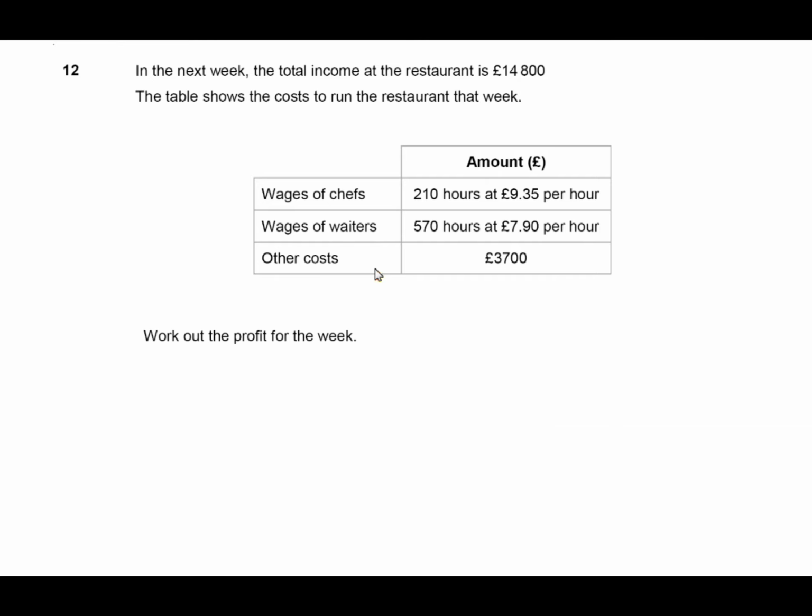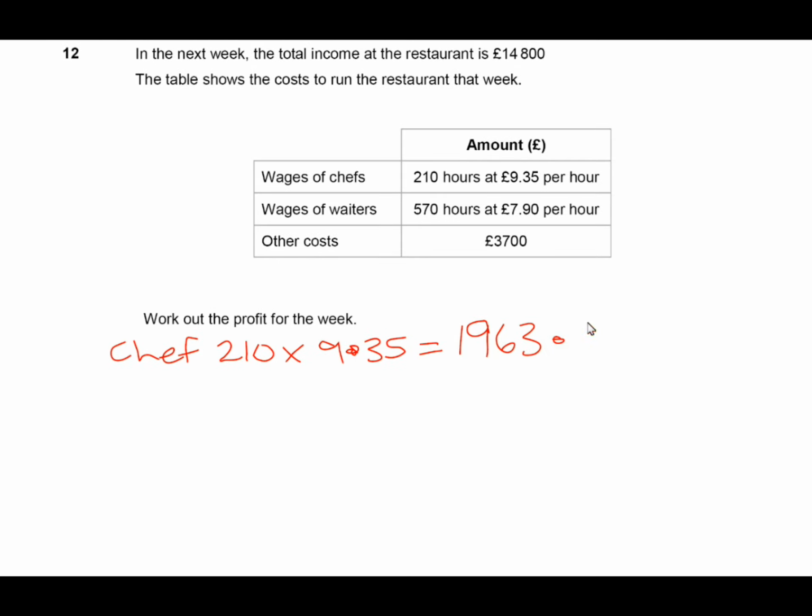So the wages for the chefs will be 210 times 9.35, and that gives us £1,963 and 50 pence.